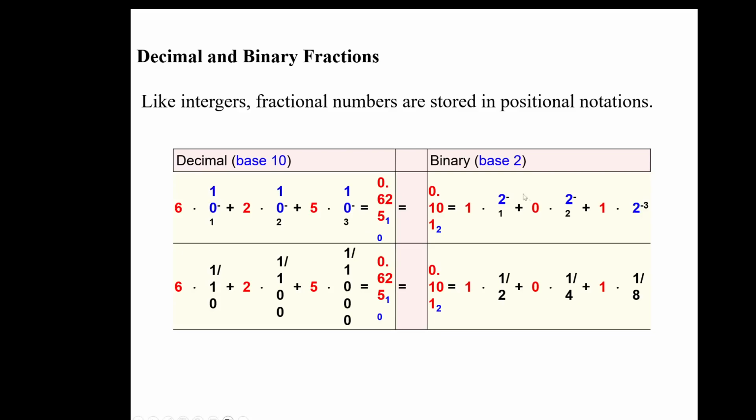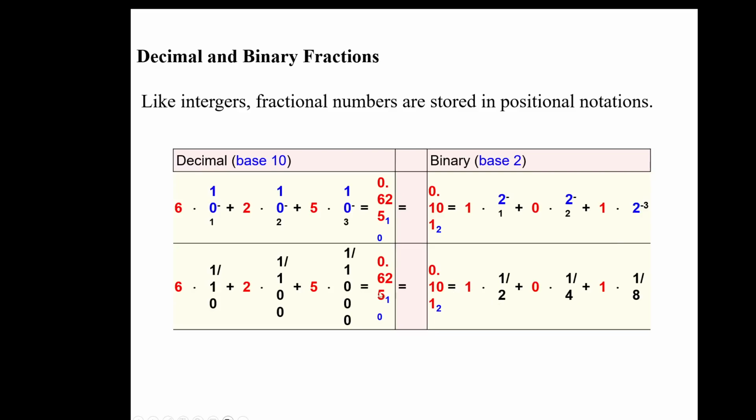In the binary equivalent, 0.101 represents 1 times 2 to the negative 1, the first one being 1 half. The 0 is 1/4, and the third digit is 1/8. The succeeding one will be 1 over 16.